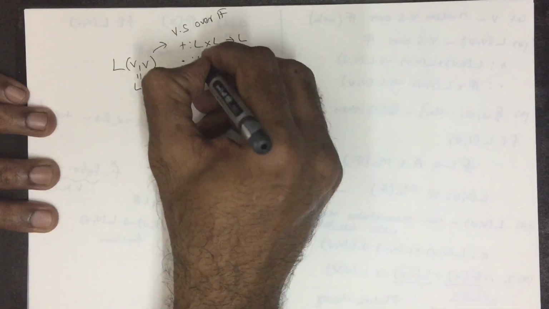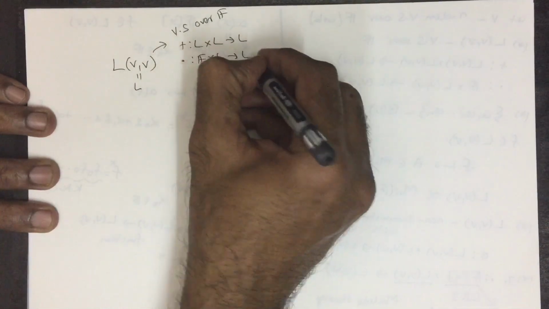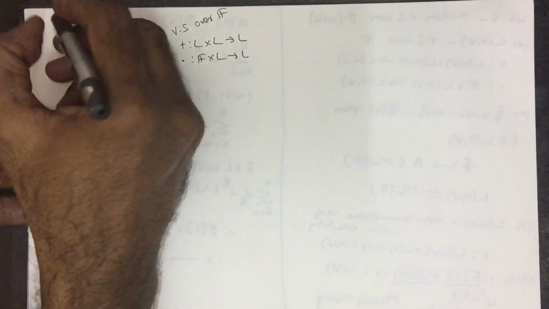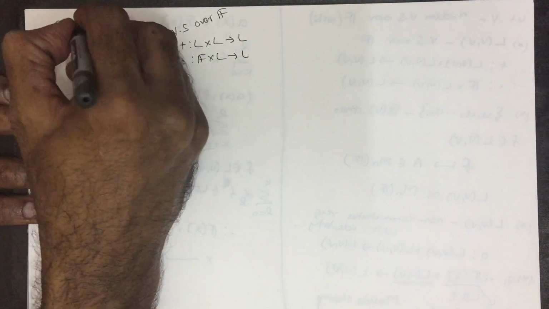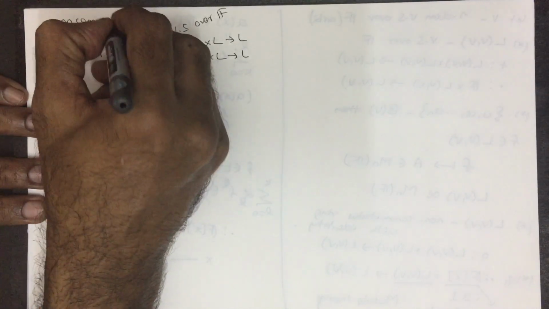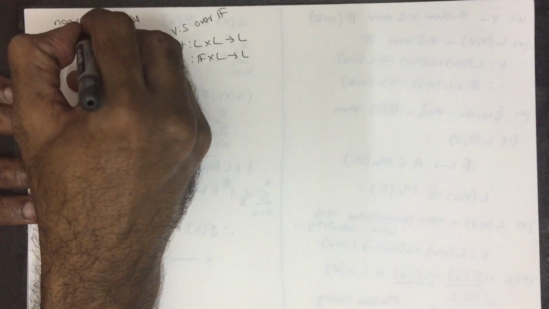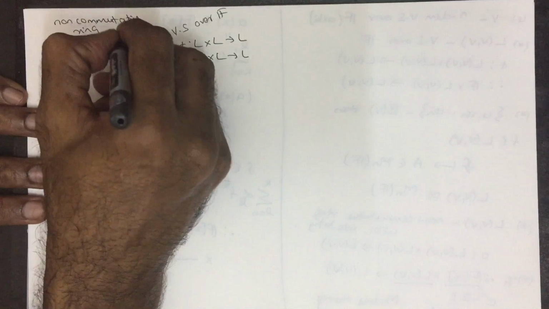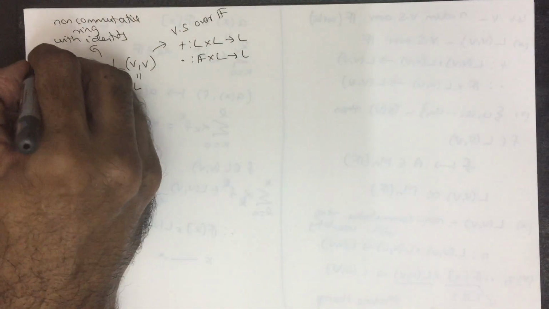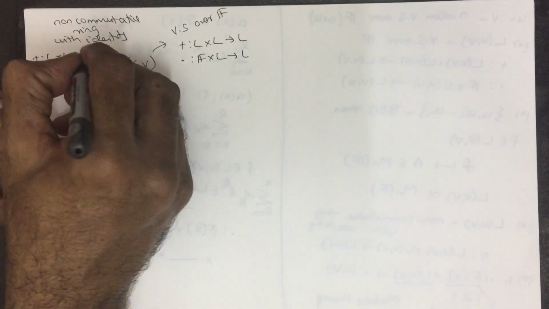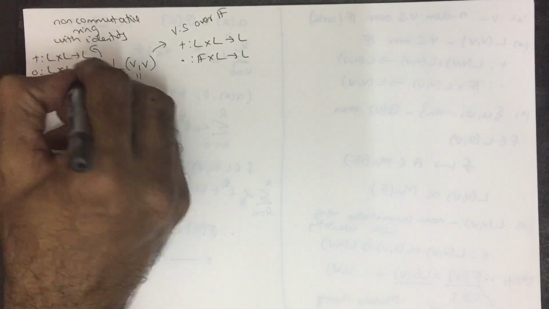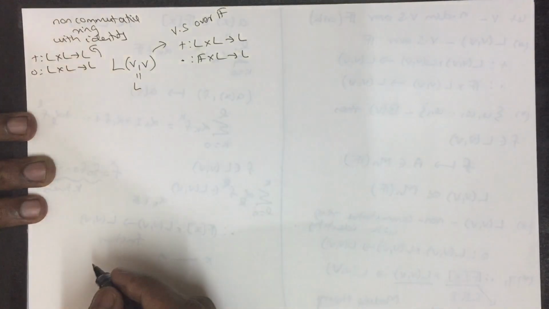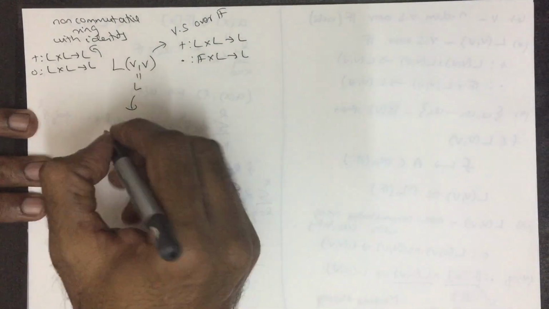On another side you see it as a non-commutative ring with identity element, with the same addition and multiplication being composition of functions.